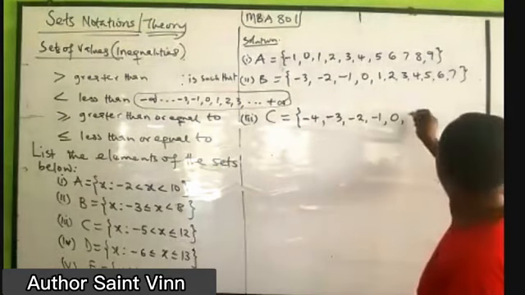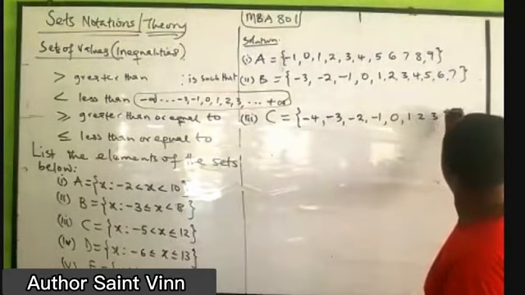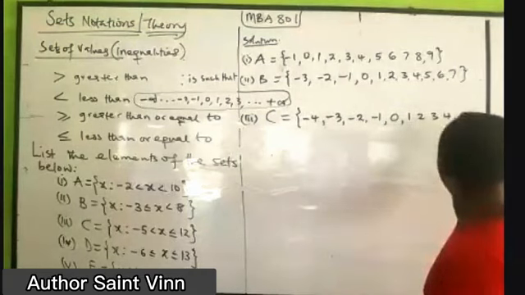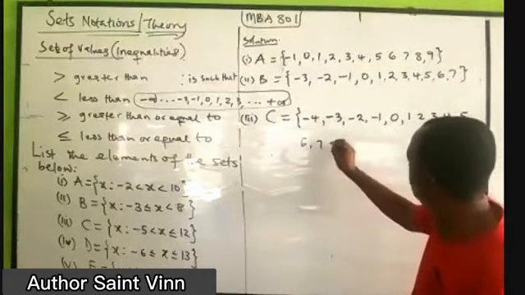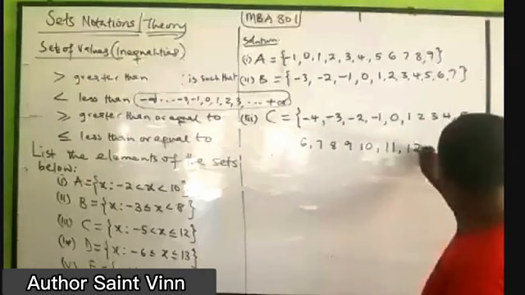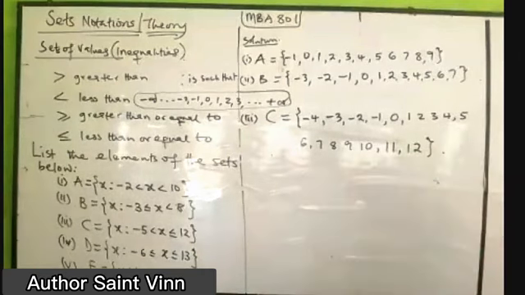So I can continue. Is 12 there? Yes, 12 is there. 11, then 12. Is it clear? Any questions?